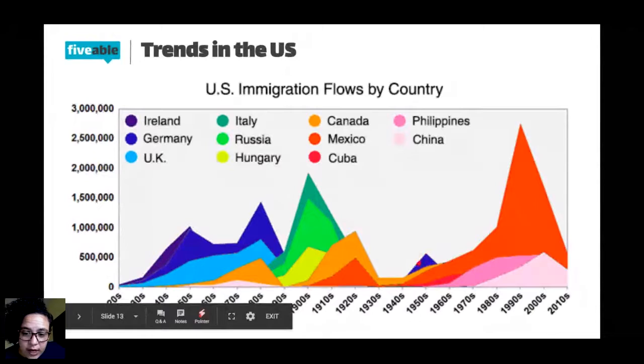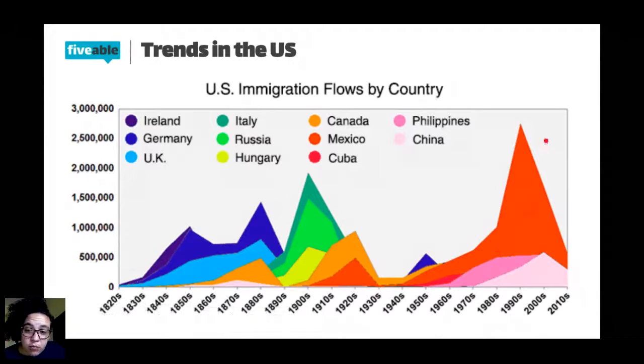So obviously Germany after World War II, same with Hungary, with Eastern Europe, everyone's kind of migrating. Now the trends are more Southeast Asia and Latin America. So Mexico is far and away, most immigrants that come to the United States are from Mexico.